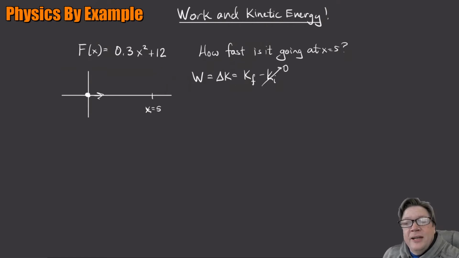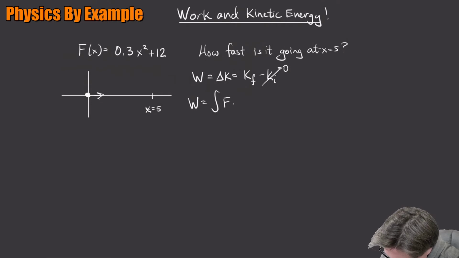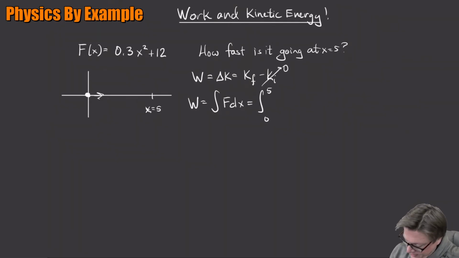But what I do have to do is take each little bit of force times each little bit of displacement, and that sounds like an integral. So here we go. The work done is going to be the integral of F dx. And so this is the integral from 0 to 5. What's the force?